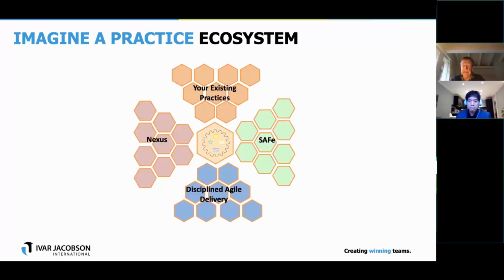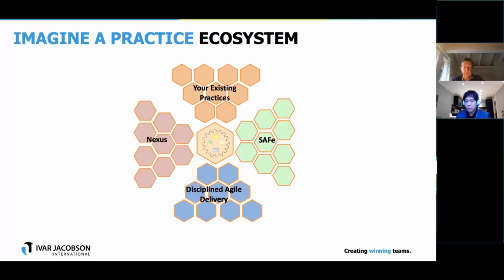I think they say 700 practices, but of course they are not described in Disciplined Agile. They could be described here, available. Nexus is another one, based on Scrum. So imagine here you have these four parts of a library. They are described the same way, same standard, and so on.